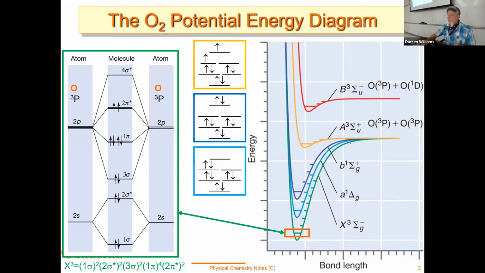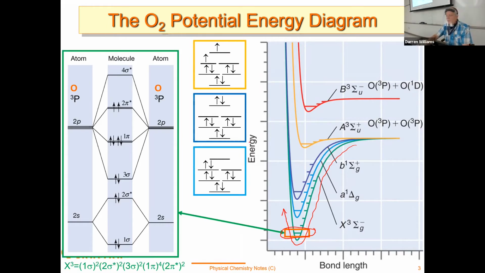So as you bring these together, the electron clouds start to interact and there starts to be attraction. And then you come down here through a minimum and then the atoms are too close together and the nuclei start to repel each other. And so then you have repulsion. And somewhere there's a balance between that attraction and repulsion, and that would be the ground state. And so that would be the ground vibrational state. So these are different potential energy surfaces related to the electron clouds.